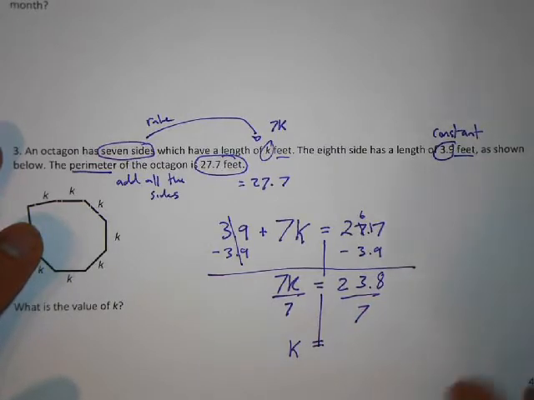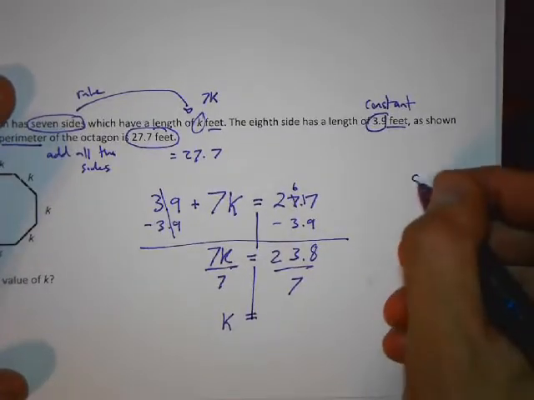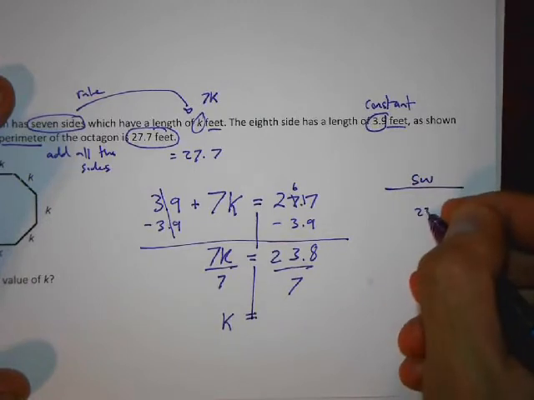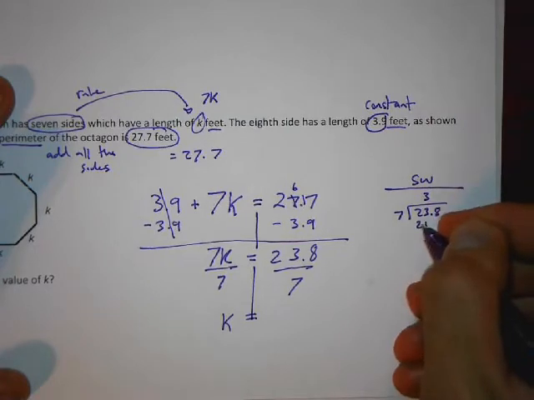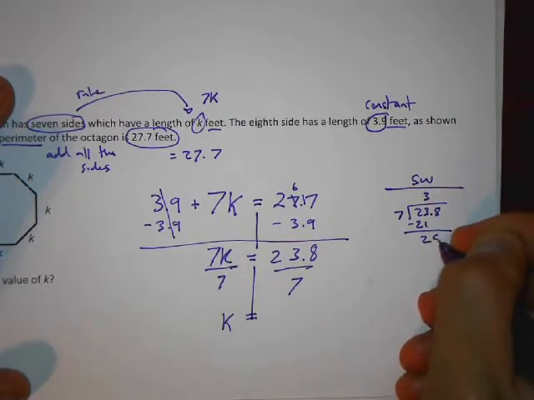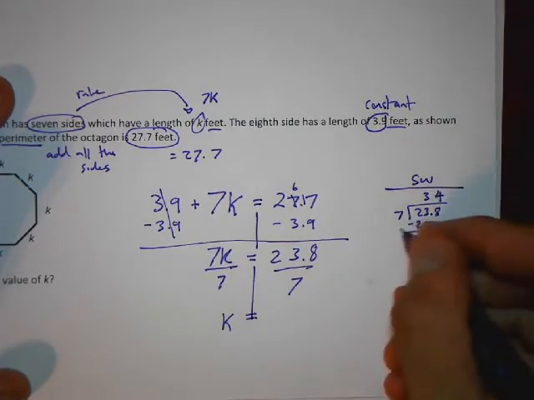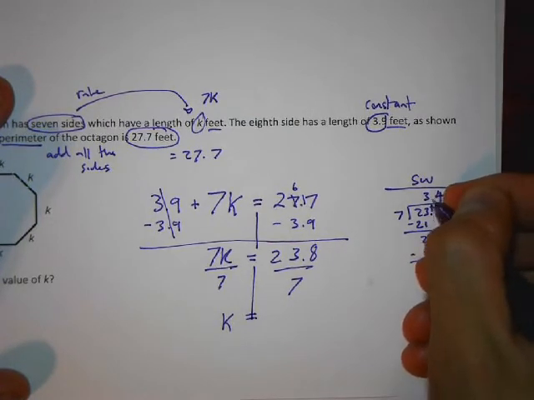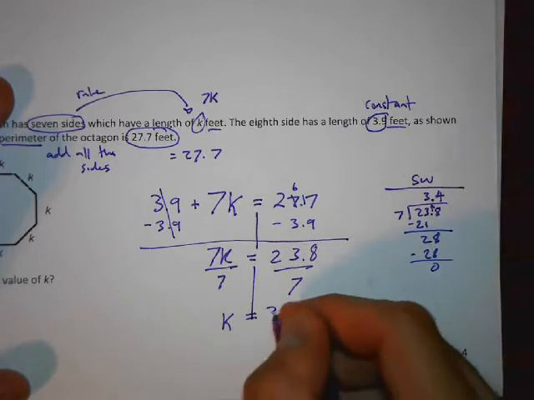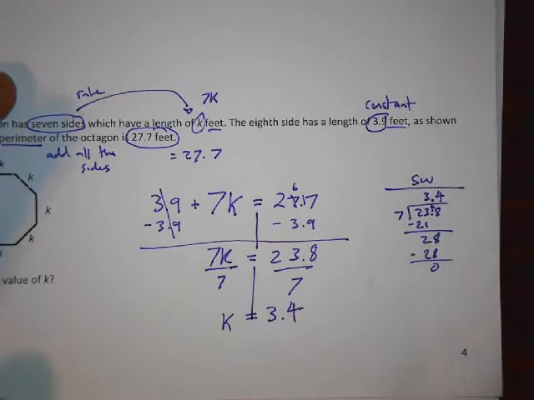And I'm going to do some side work for this, since I need to do some long division. And don't forget that decimal goes straight up. So k is equal to 3.4.